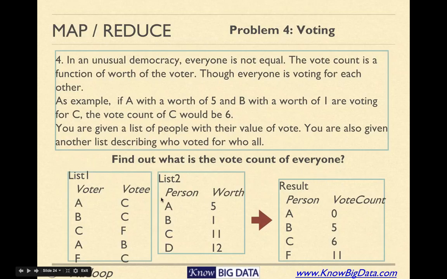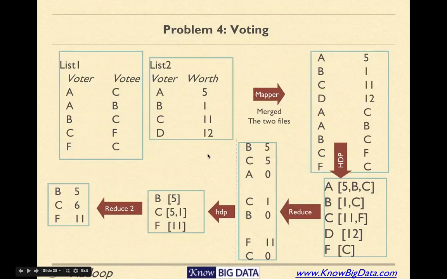After we join list 1 and list 2 based on the voter, the worth comes together with the votee, and therefore after grouping, the summation gives each votee's total worth. Correct?